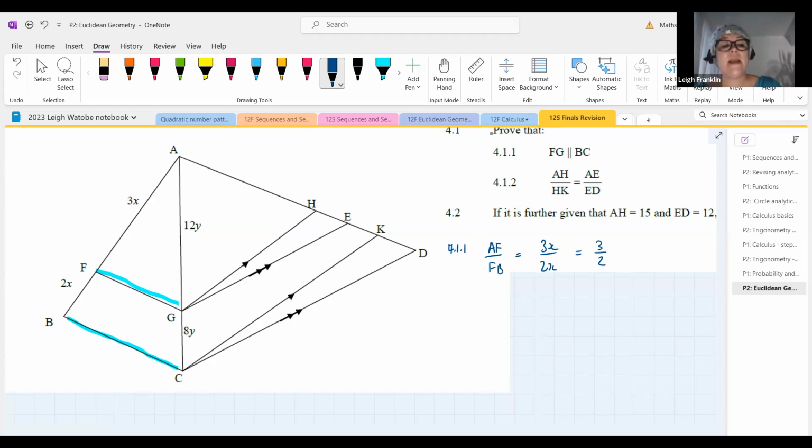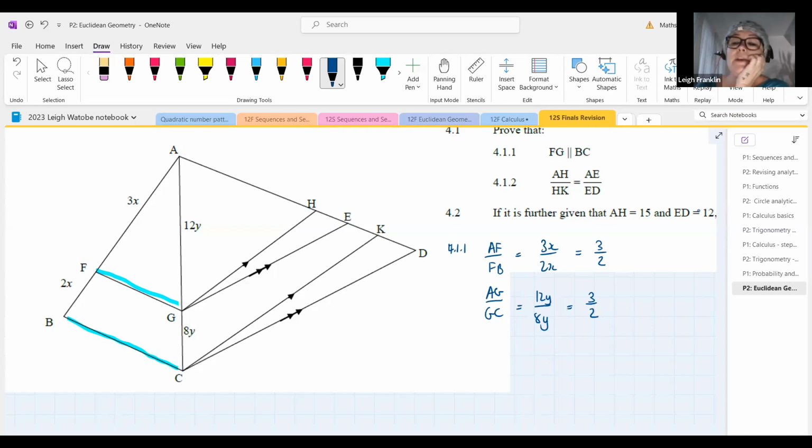Then we would state that AG over GC is equal to 12y over 8y, which would also be equal to 3 over 2.